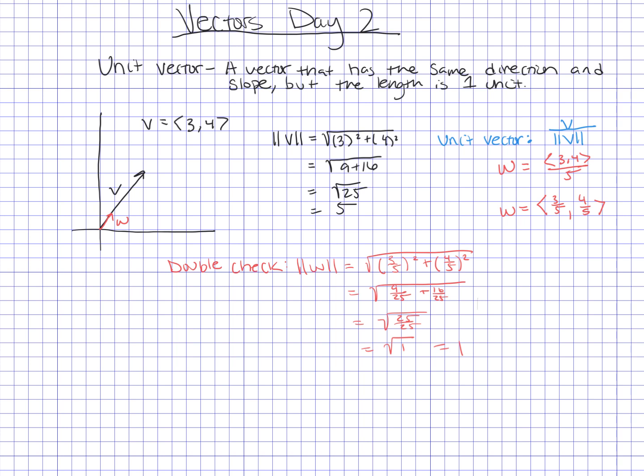So if we were to draw in our position vectors here, i goes in the x direction and j goes in the y direction. i itself is in component form (1, 0), and j is in component form (0, 1).